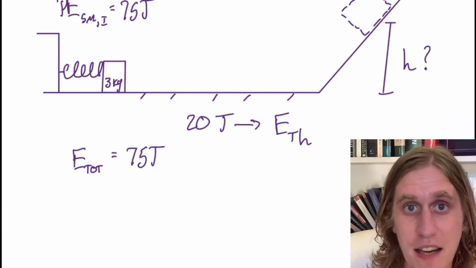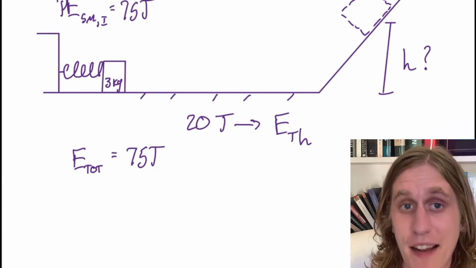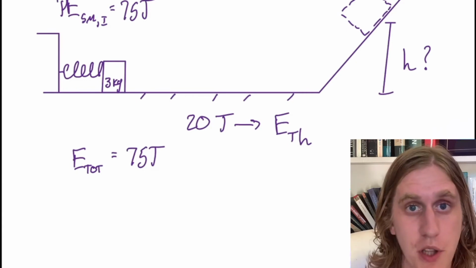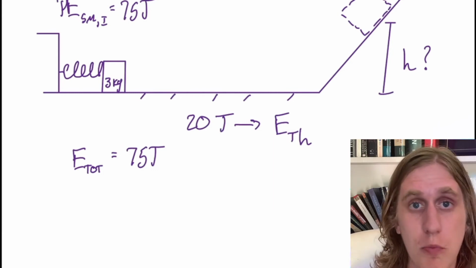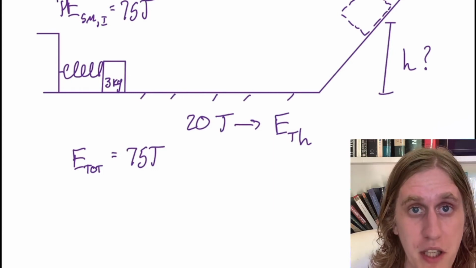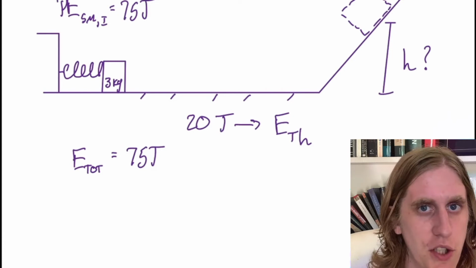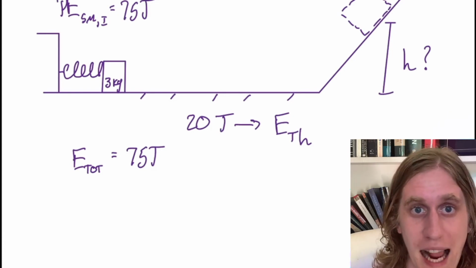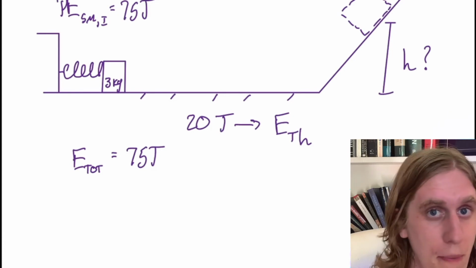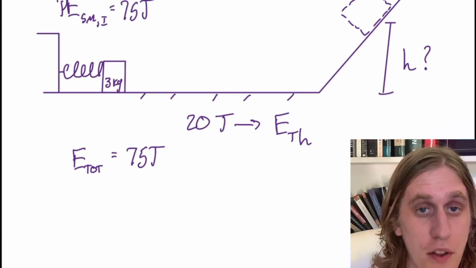This is just the amount of thermal energy that it gained as it traveled along the track. The only other kind of energy that the block can possibly have is gravitational potential energy. After all, it is moving up a slope, so its gravitational potential energy is increasing. How much does it have? Well, it just has 75 joules minus the 20 joules that is now in the thermal energy.